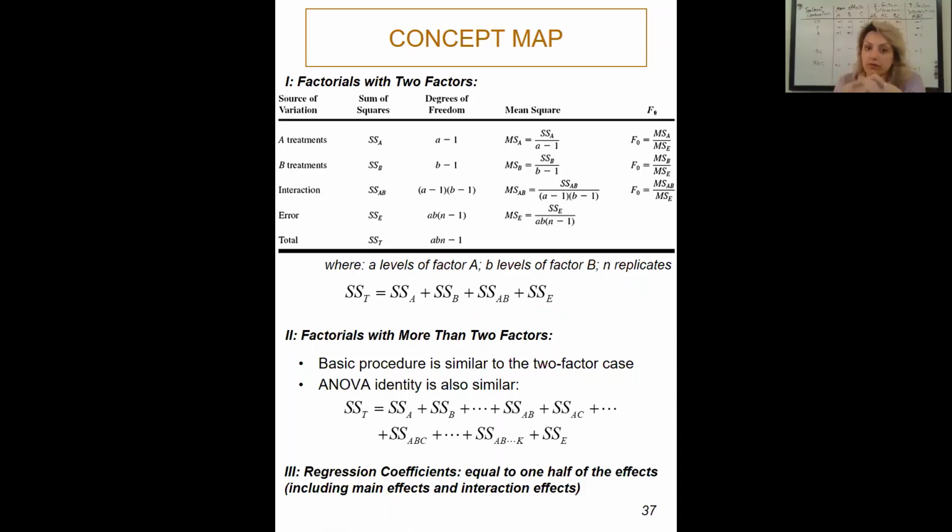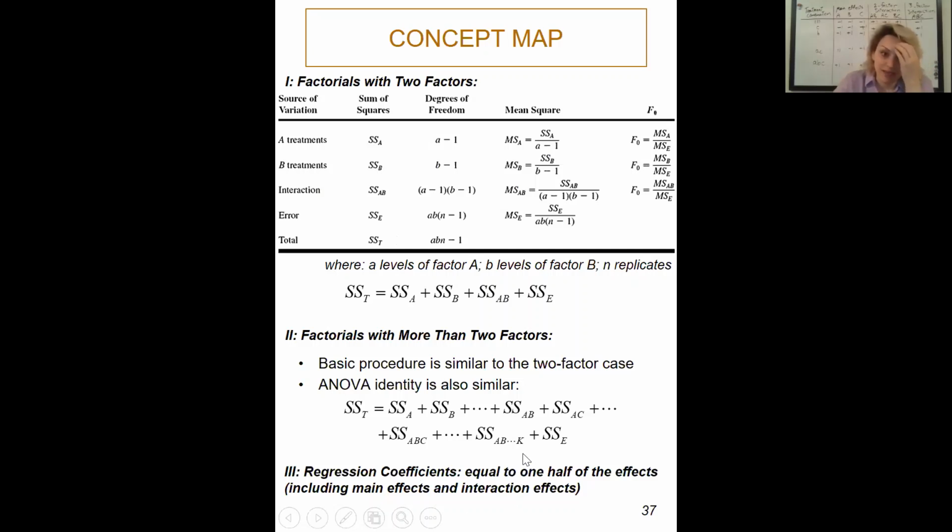For more than two factors, the basic procedure is similar to the two-factor case. The only thing is that when we want to find the sum of squares, we use the equation that we had a few pages before. It's very similar to the previous one as well. When you think about the sum of squares, as I said, you would use a different equation. And then the regression coefficient is equal to 1/2 of the effects, including main effects and interaction effects.